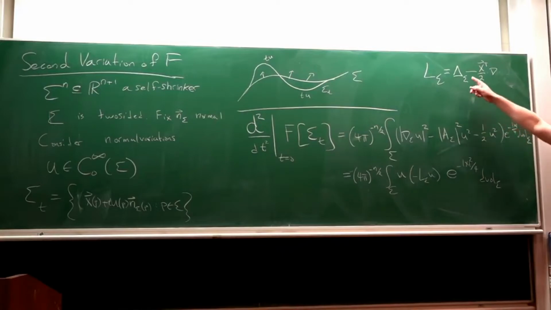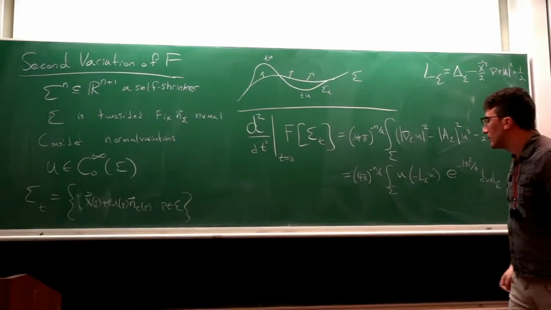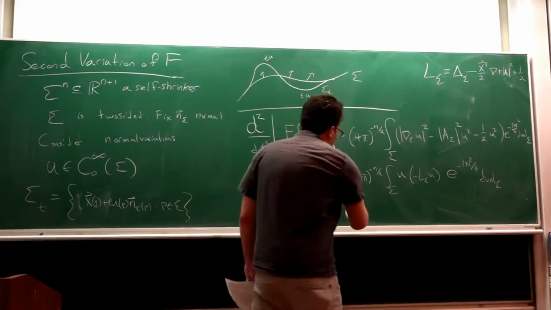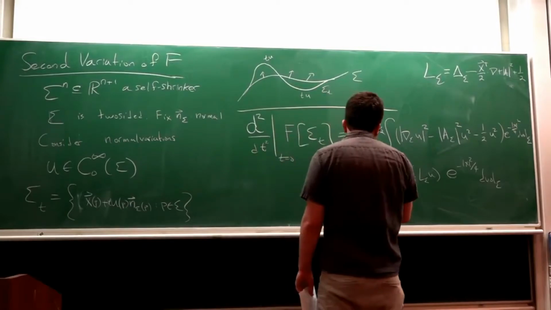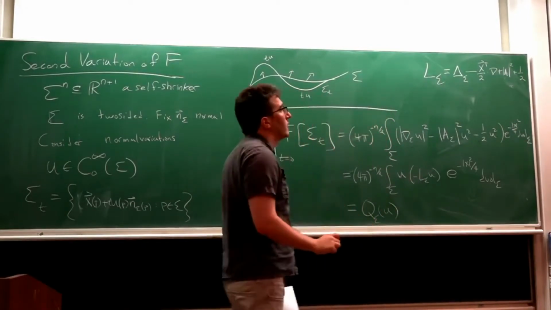So when you do the integration by parts, you pick up this drift term. And then there's the curvature term, and then this one half term. So this is our operator we want to consider. Sometimes it's convenient to write this, as it's a quadratic form, as Q sigma of u.